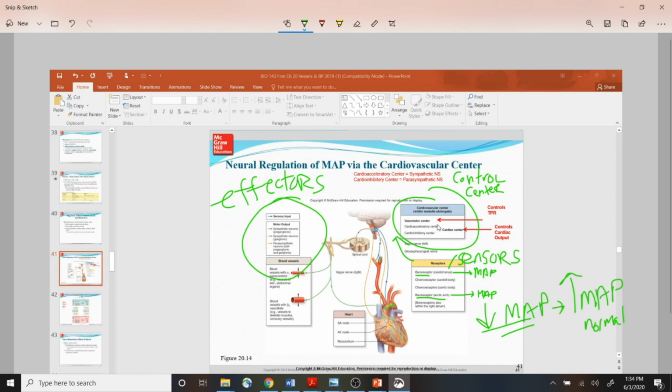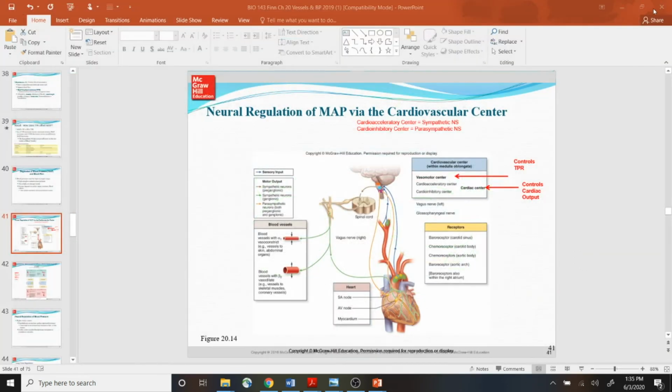And remember that with the cardioacceleratory center, my heart rate can increase, my stroke volume can increase. My TPR can increase for the vasomotor center. All of these things are increasing blood pressure. That's the second way you're going to have to start to think about this. And we're putting it all together so you can see it next in this figure.